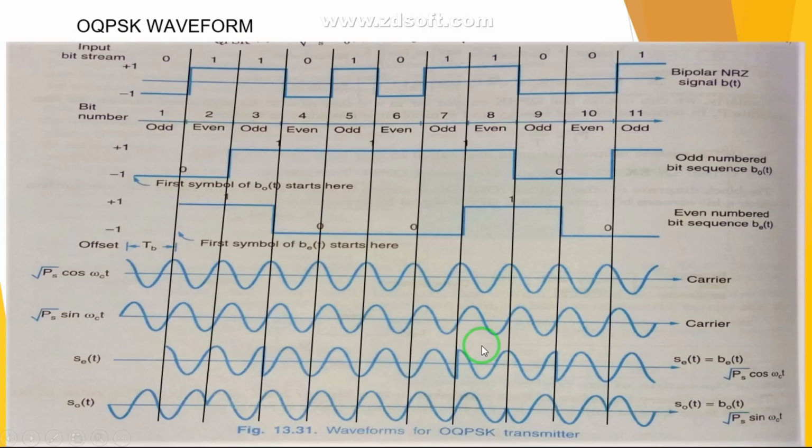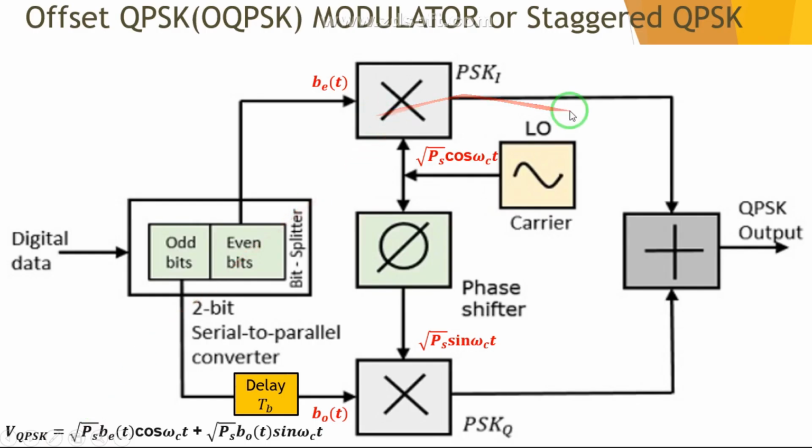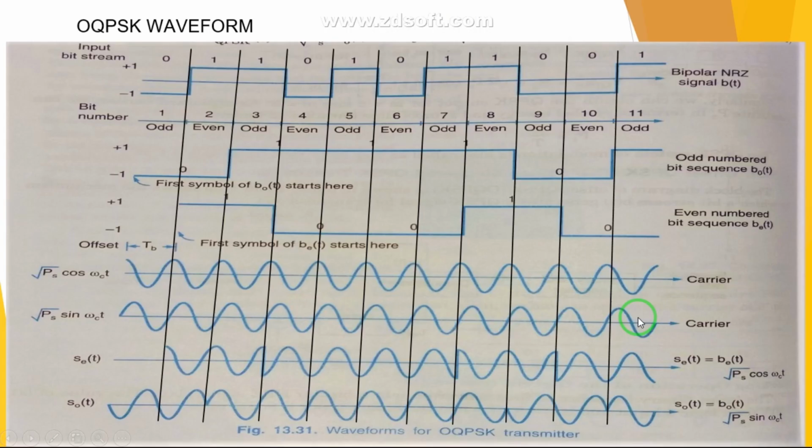After that, what is going to happen? They generate two signals, that is S of ET and S of OT. These two signals are basically BPSK signals.